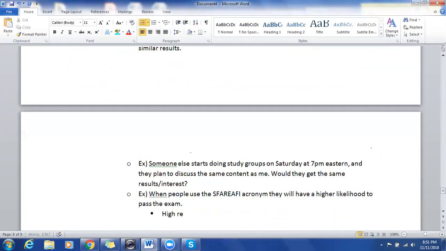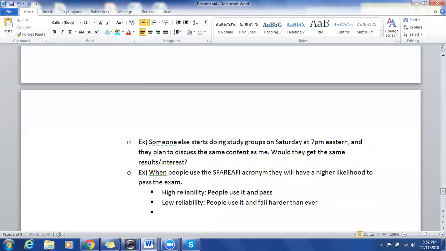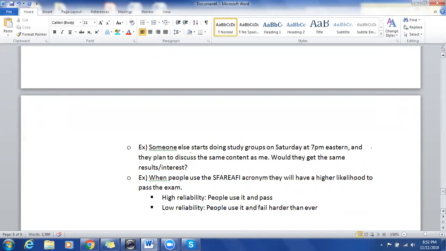So higher reliability, people use it and pass. Low reliability, people use it and fail harder than ever. So that acronym would have zero reliability, and chances are people would be unable to use it.